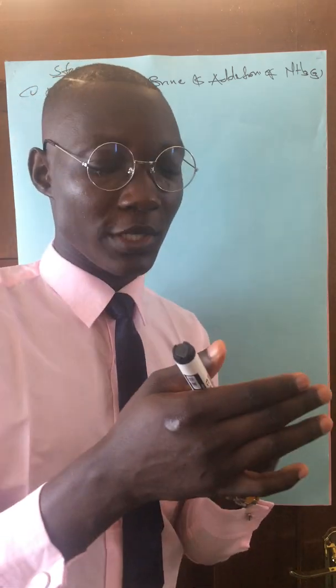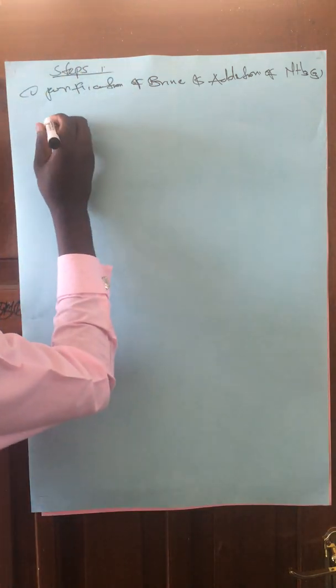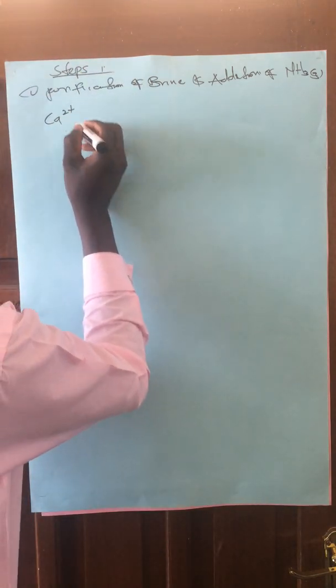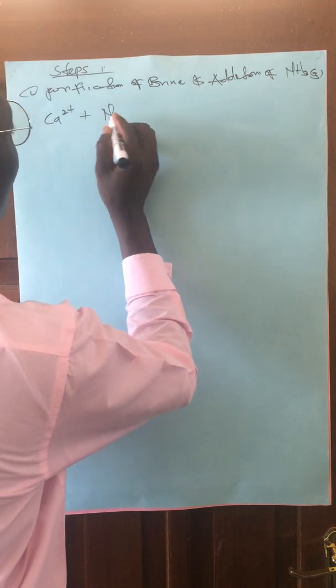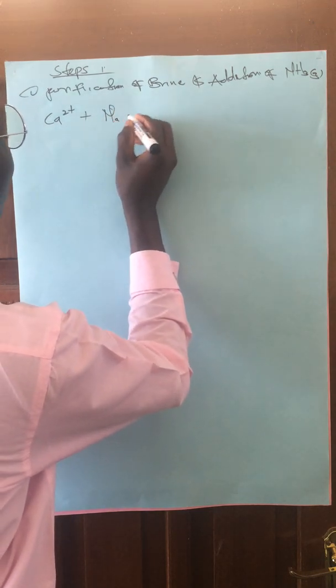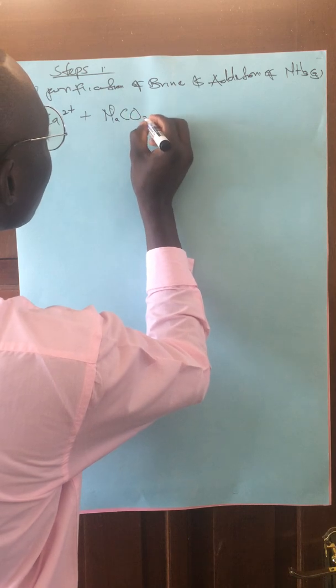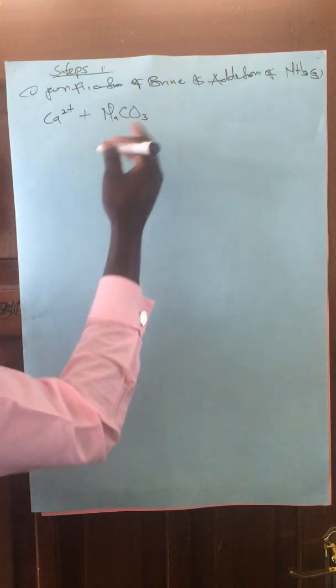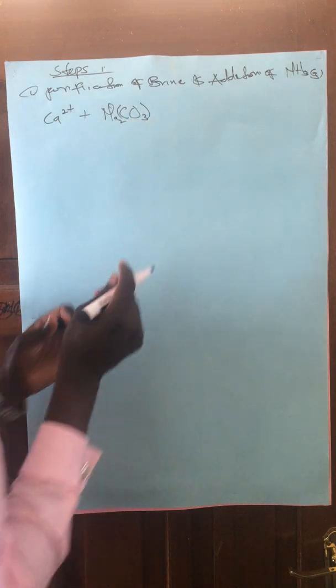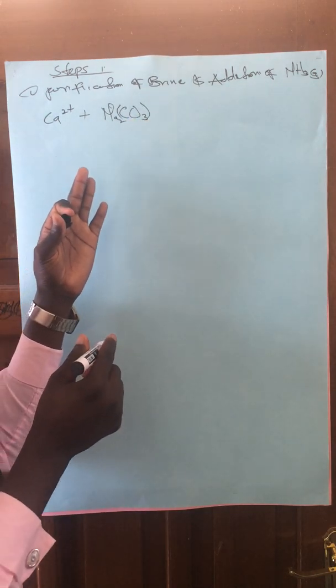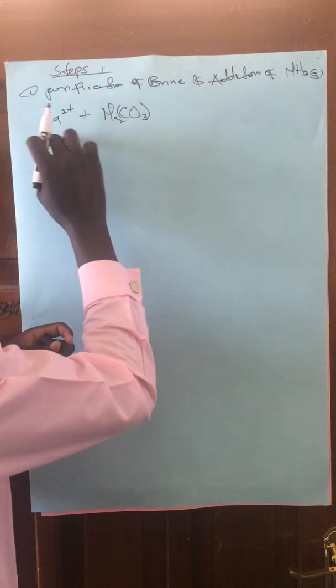Let's see what is going to happen. When we have calcium ions, we react them with sodium carbonate. We are interested in the carbonate ions.